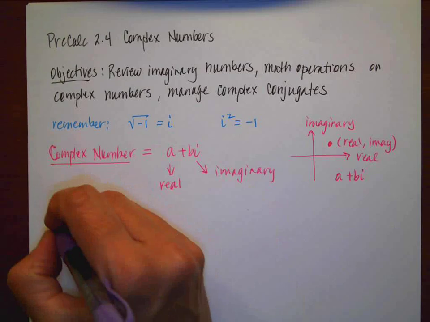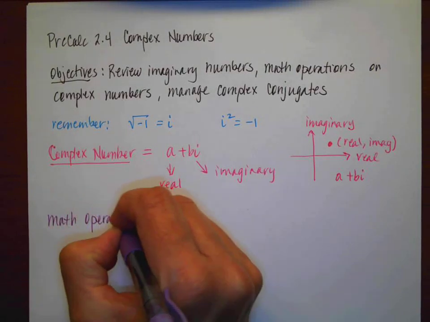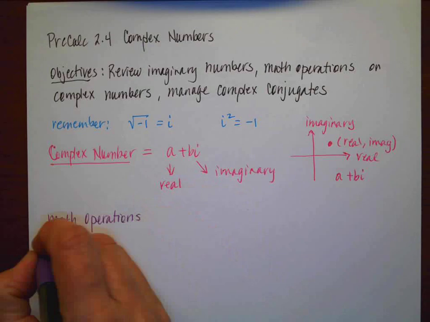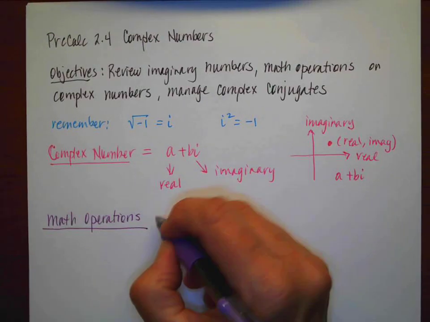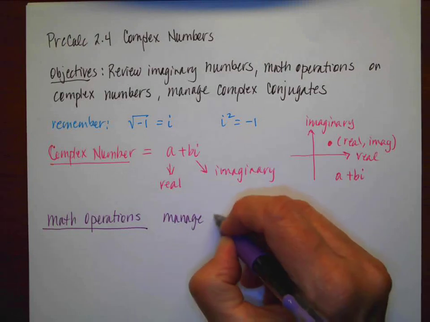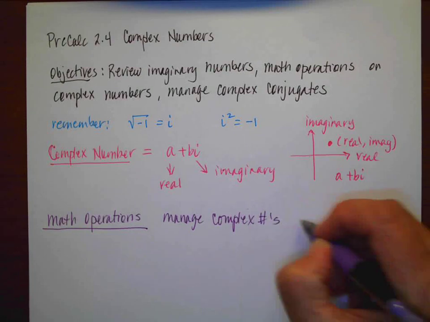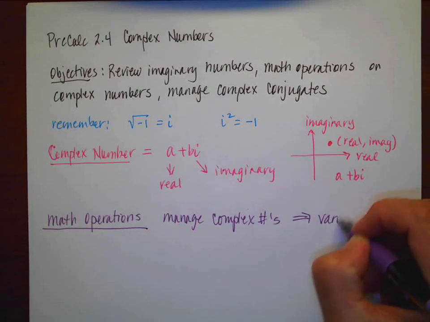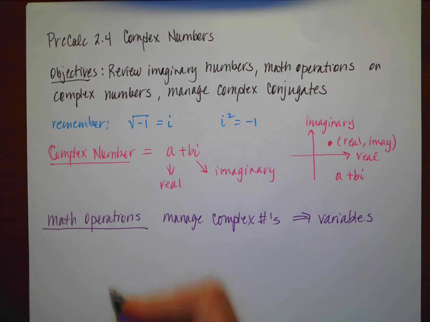All right, the math operations are very similar to math operations on other types of numbers. We tend to manage complex numbers as if they were variables. And what I mean by that is like things play together.